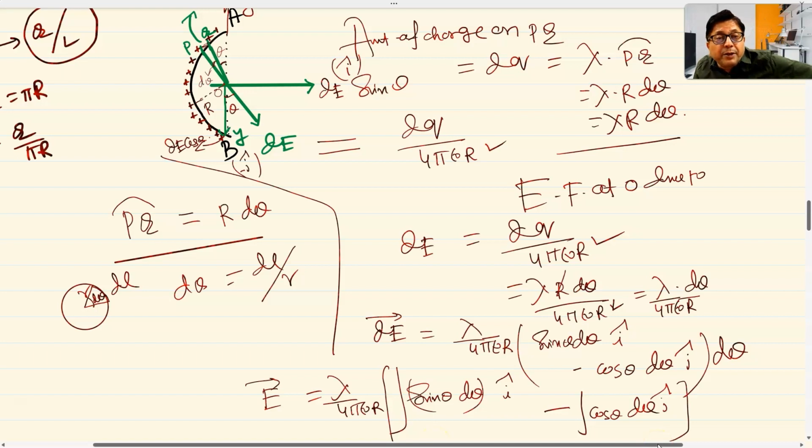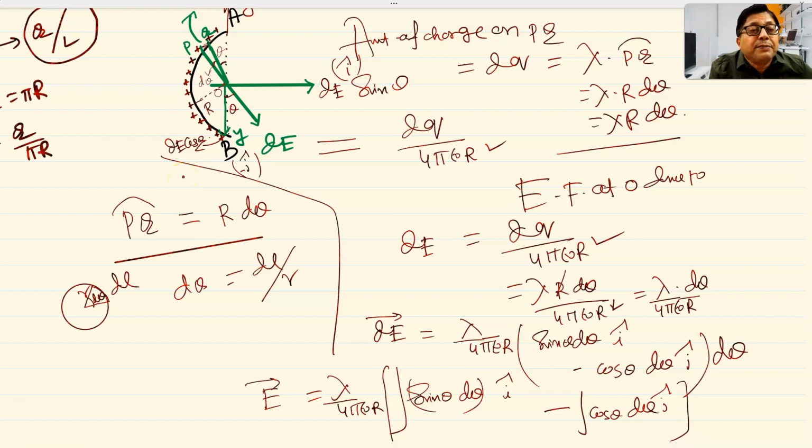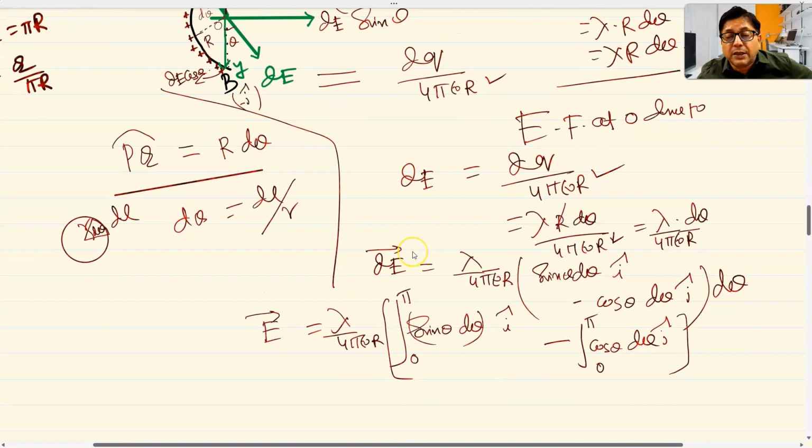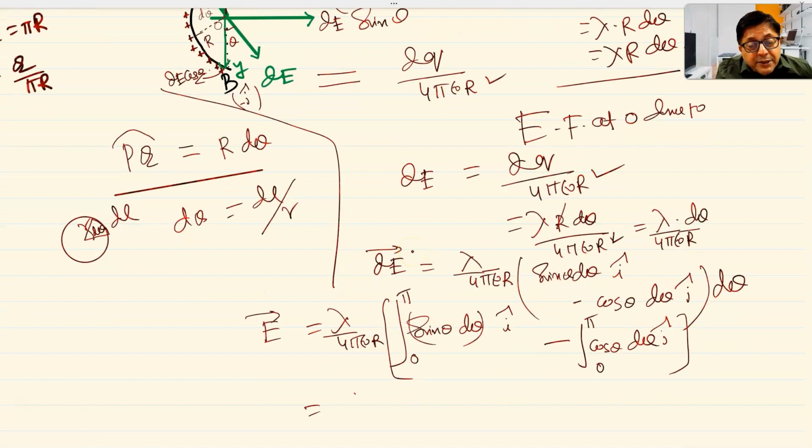Now what is the limit of integration? See, to cover the whole length, if this is your initial line, you have rotated by how much? 180 degrees. So the limit of integration will be 0 to pi. Here also it is 0 to pi. So let us find it. It is lambda by 4 pi epsilon 0 r.